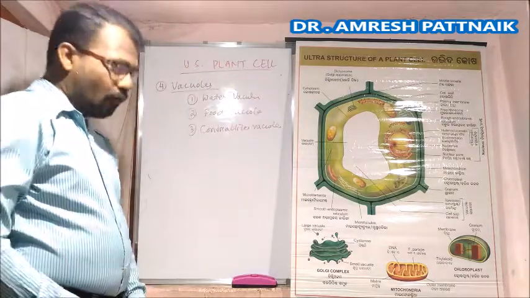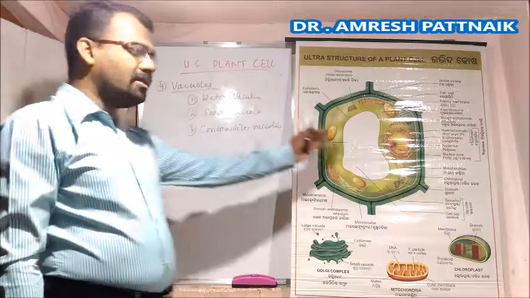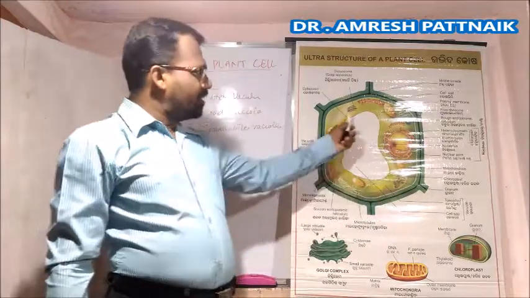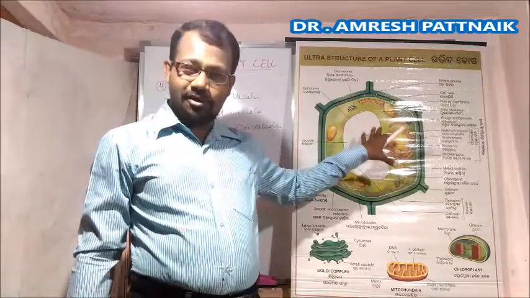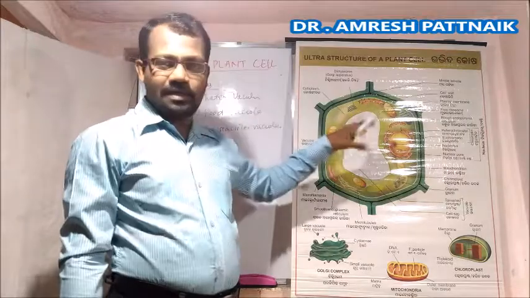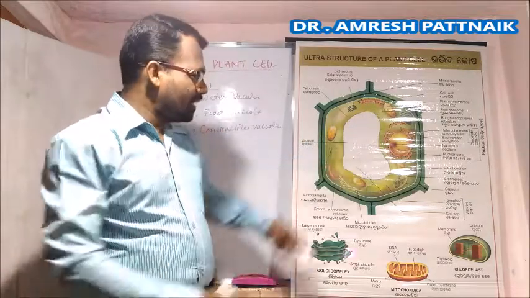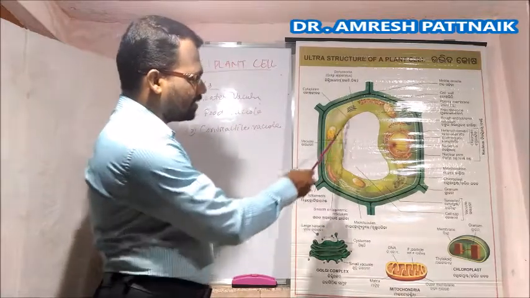So here we will find three different types of vacuoles. What are they? What is a vacuole then? You can see the biggest, swelling-like or bulging structure which is present inside the cell of the plant. It is known as a vacuole. This outside covering you can see here.